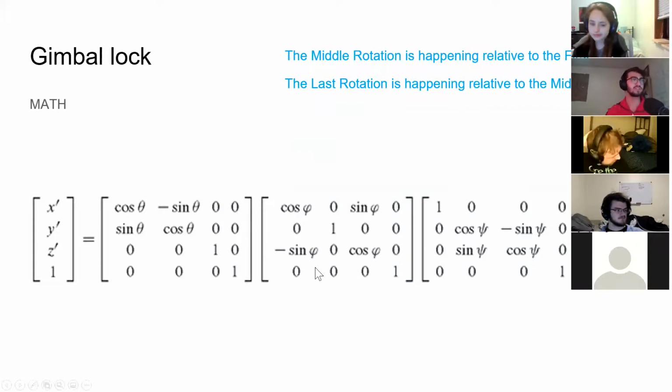The middle rotation is happening relative to the first, and then the last rotation is happening relative to the middle. And right now you might be thinking, just reorder them, easy. Well, it's the same problem. The order that you apply them in always has an effect on gimbal lock, I guess. So you can try and be clever and avoid it, but eventually it will happen.